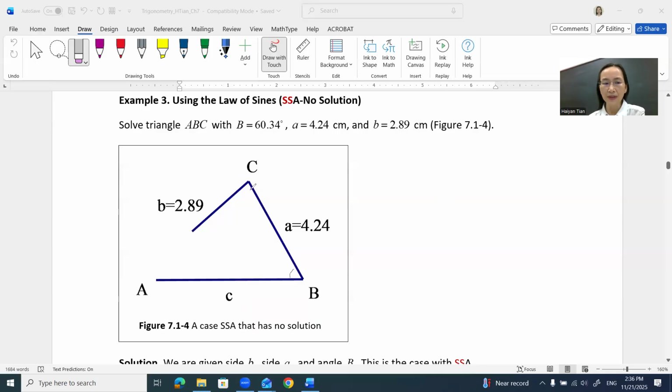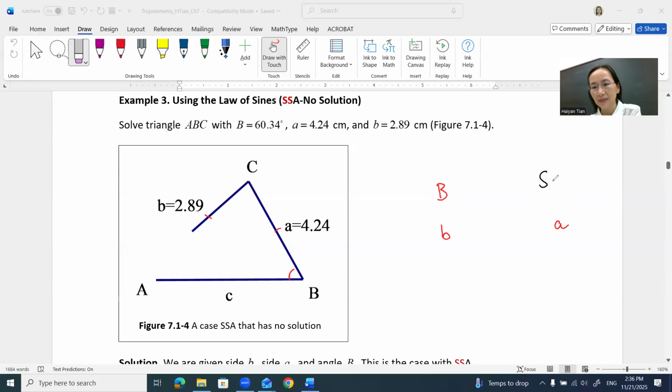So using the law of sines, we naturally think, okay, we have two sides and this, then we immediately think of this B. Okay, you see, you have the capital B, you have the lower b, you have the lower a, and all we want is to find the capital A, right?